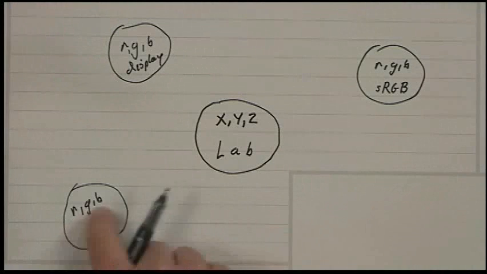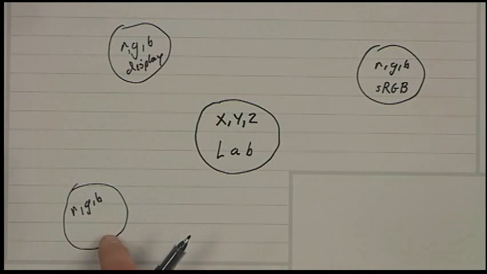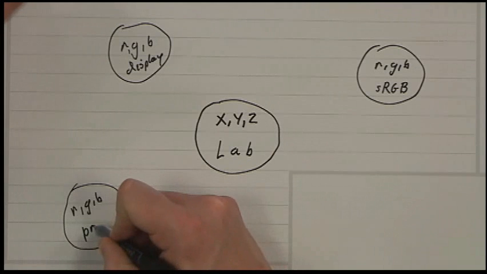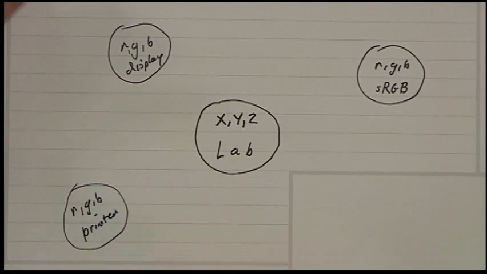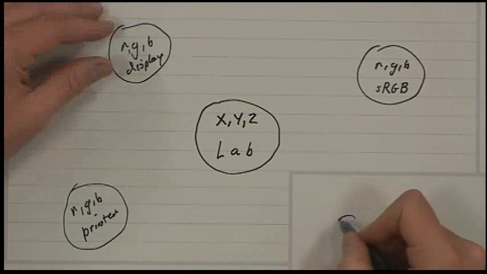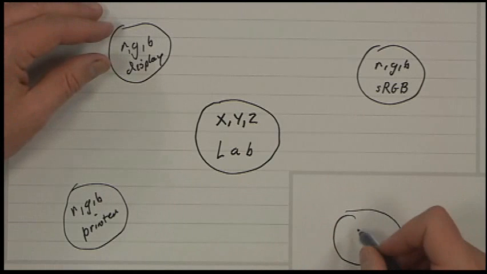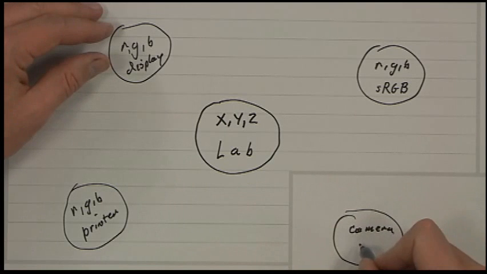It means it has to be converted to whatever the native color space is for the actual printer, which is going to be some sort of nonlinear transformation. But this could be a printer. And over here you might have a camera. This might also be RGB, or this might be some sensor space. I'll call it raw. Okay?